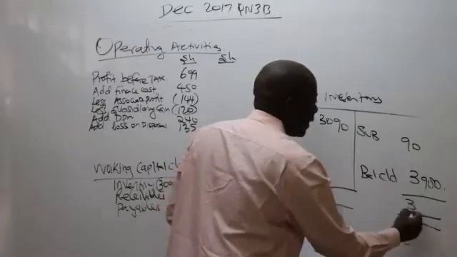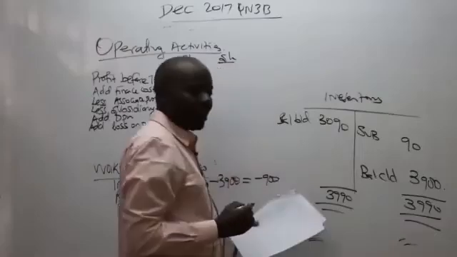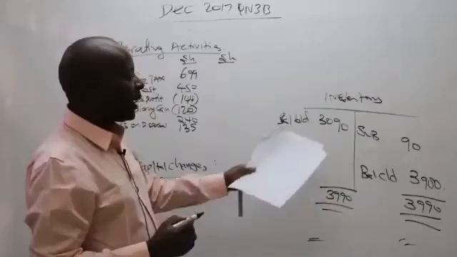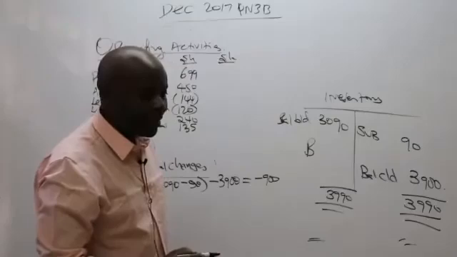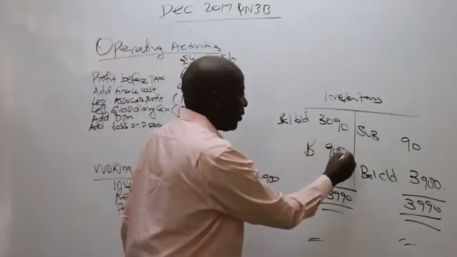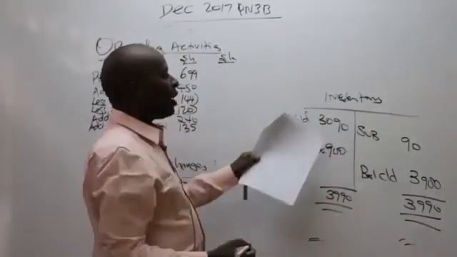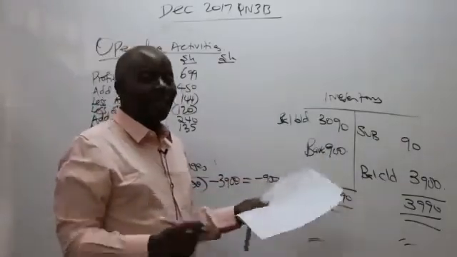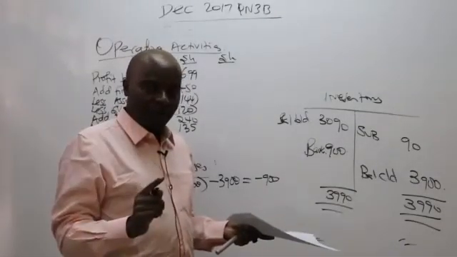Now let me add up. Please give me this bigger side. This bigger side will be 3990, so this side must also be 3990. Is that true? 3990, right? So the balancing figure here is how much? It comes to 900. So this balancing figure, ladies and gentlemen, basically what are we doing? We have debited our inventory with 900 and credited our bank.